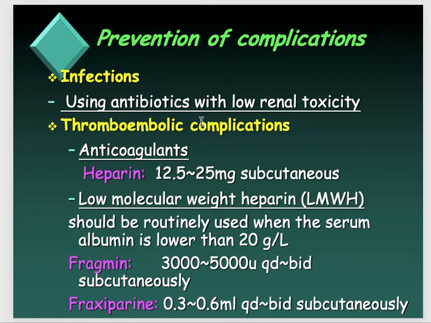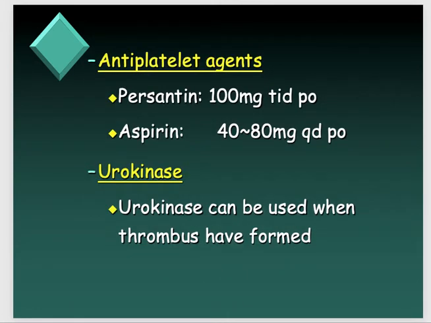So what can be done is we can start them on heparin, or we can put them on warfarin. Okay, or other therapy can be given to these patients, right?